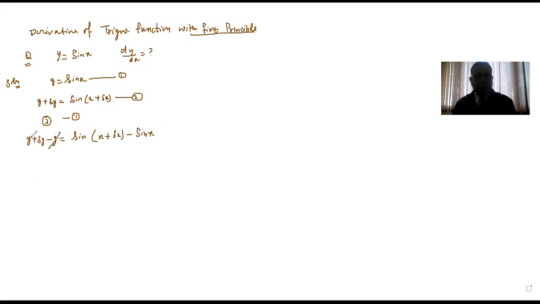So delta y is equal to, now see, I will apply the formula sine c minus sine d. So if I go with the result sine c minus sine d, this is 2 cos c plus d over 2 sine c minus d over 2.